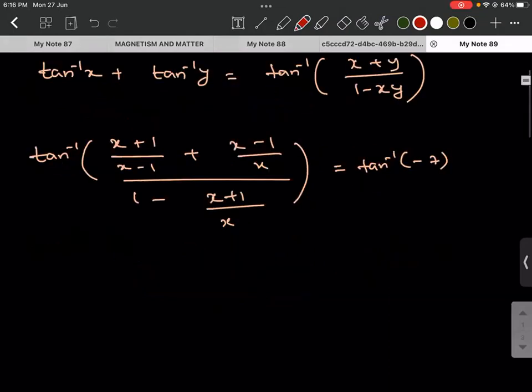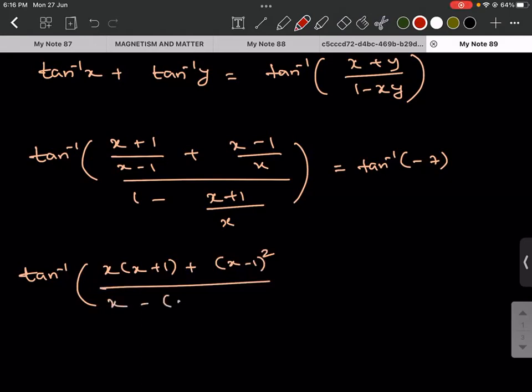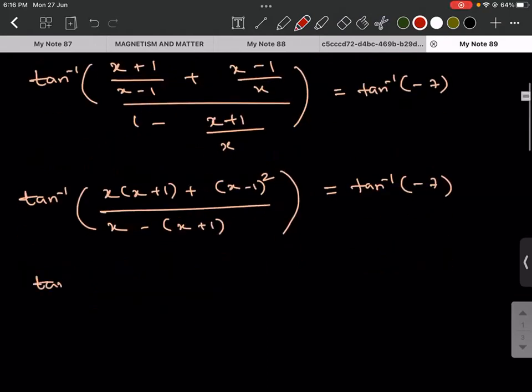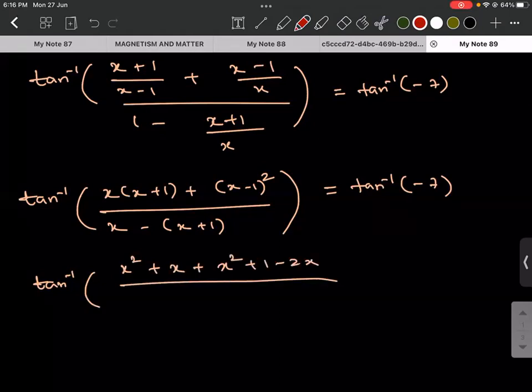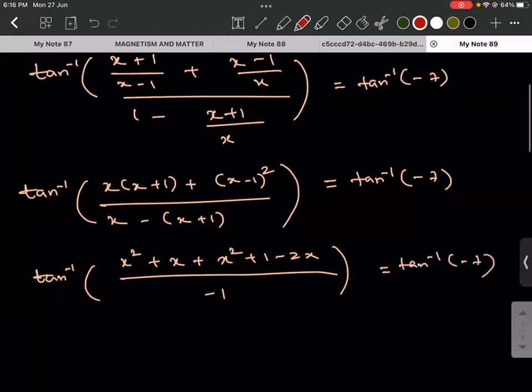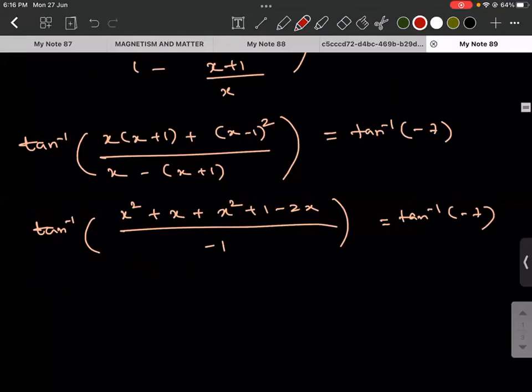So when you take the LCM, you will have tan inverse of (x into x plus 1 plus x minus 1 the whole square) divided by (x minus of x plus 1) is equal to tan inverse of minus 7. So tan inverse of (x square plus x square plus 1 minus 2x) divided by minus 1 is equal to tan inverse of minus 7. So what can you say? The expressions inside tan inverse are the same.